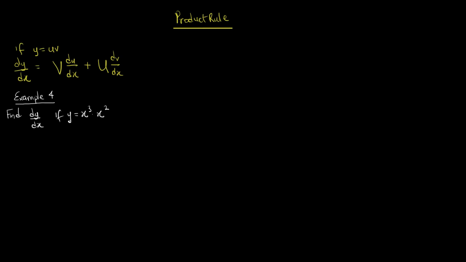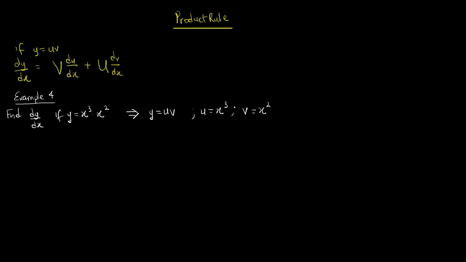So if we look at this properly, we're going to see that this is of the form y is equal to u times v. So that means my u is equal to x cubed, and my v is equal to x squared.